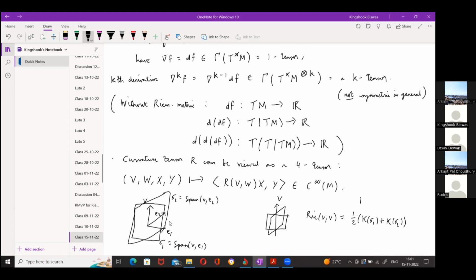So this is in 3 dimensions, and this is as if V is a unit vector. If it's not a unit vector, then you just multiply by norm of V squared, since it's homogeneous of degree 2, right?